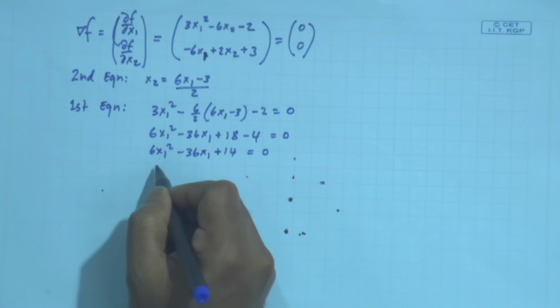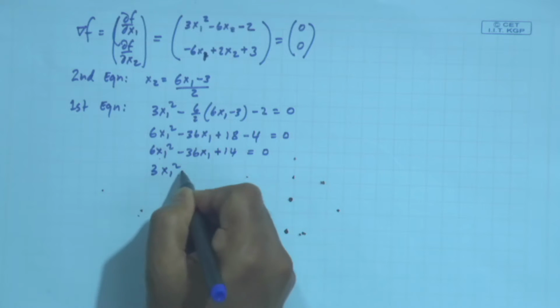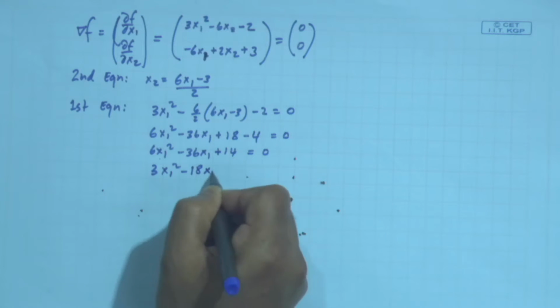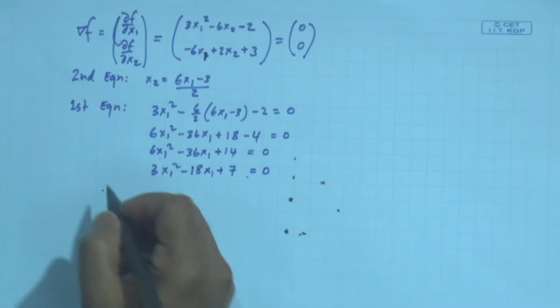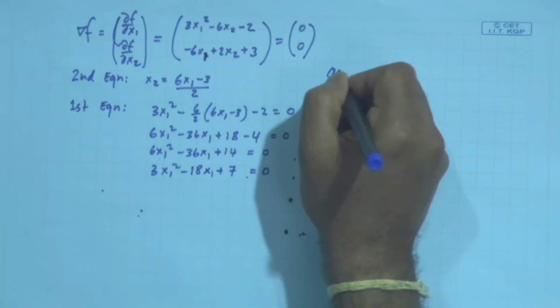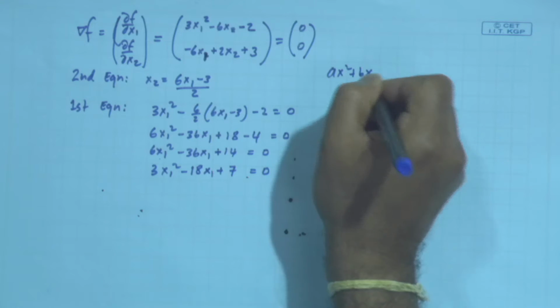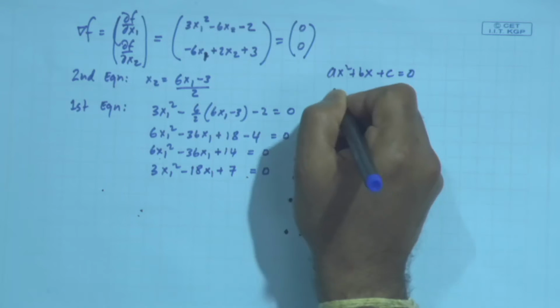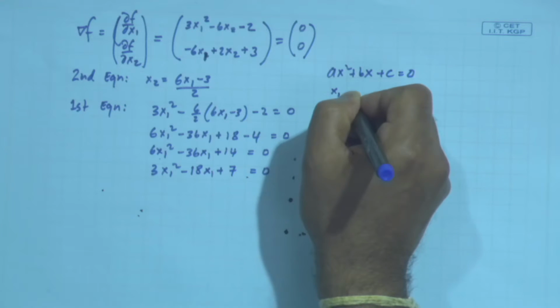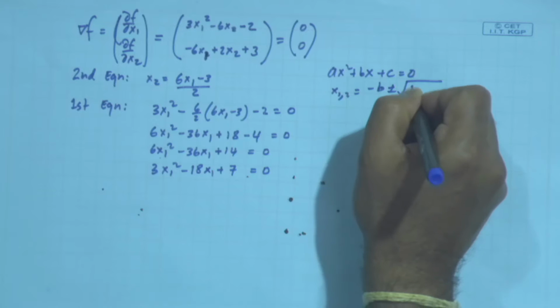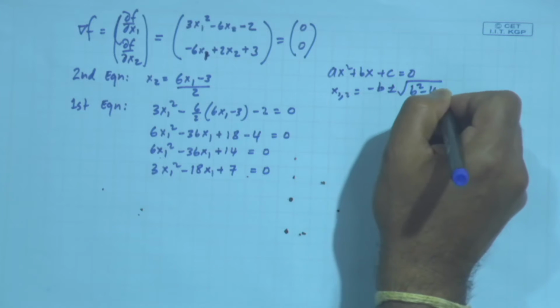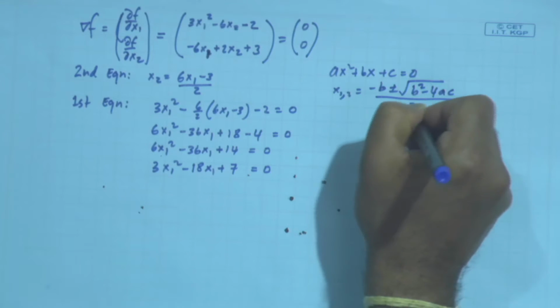We can divide by 2. Zero. And if you have an equation which is ax square plus bx plus c equal to 0, then there are two roots, x equals minus b plus minus square root of b square minus 4ac over 2a.